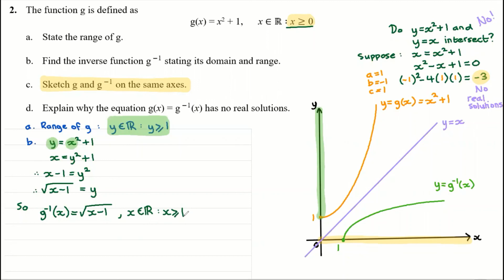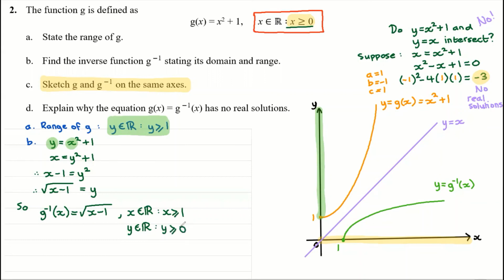And for the range, we take the domain of our original function, which is up here. It's provided for us. There it is in the red box. So we just write that as a y variable. So y, any real number, but the restriction being that y has to be greater than or equal to 0.